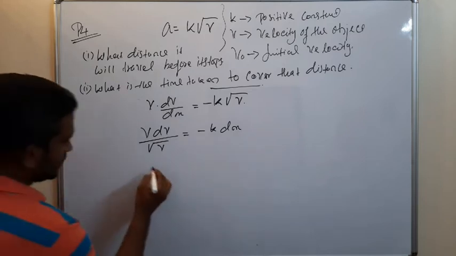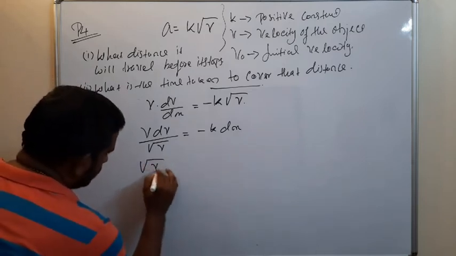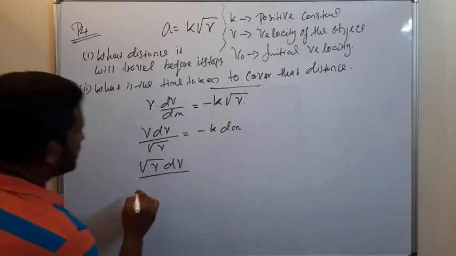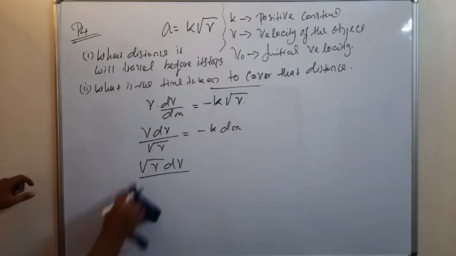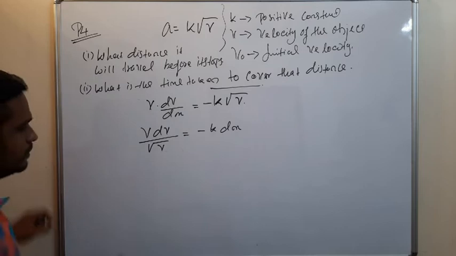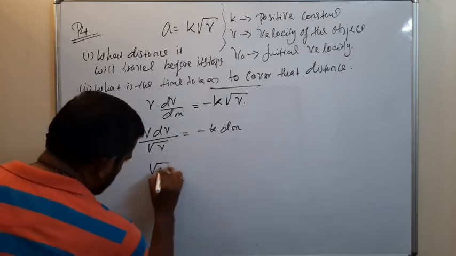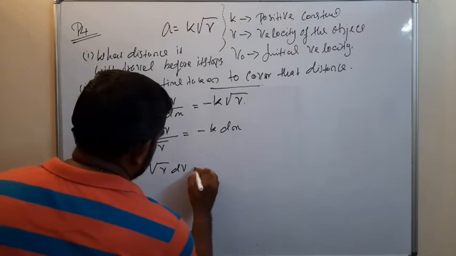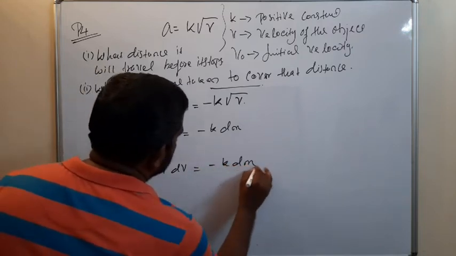So root v into dv is equal to minus k into dx.